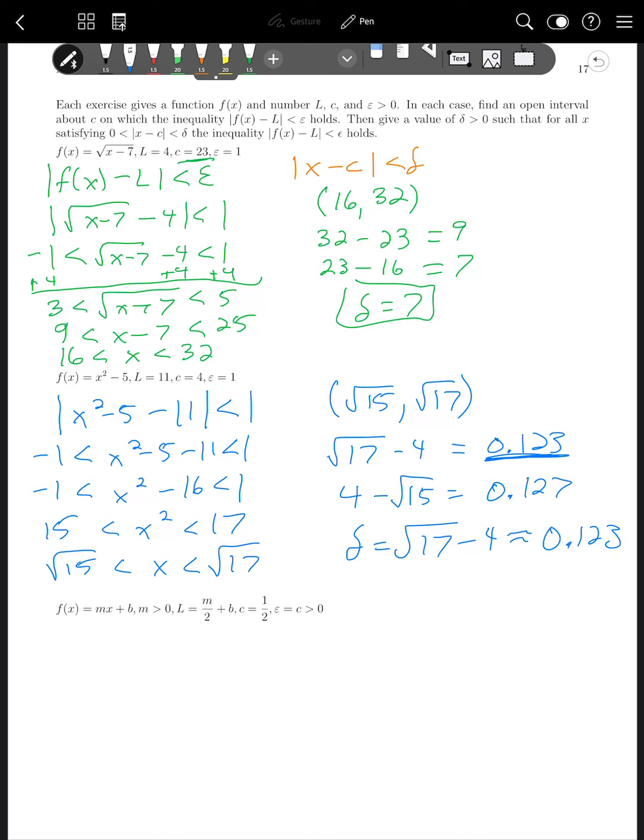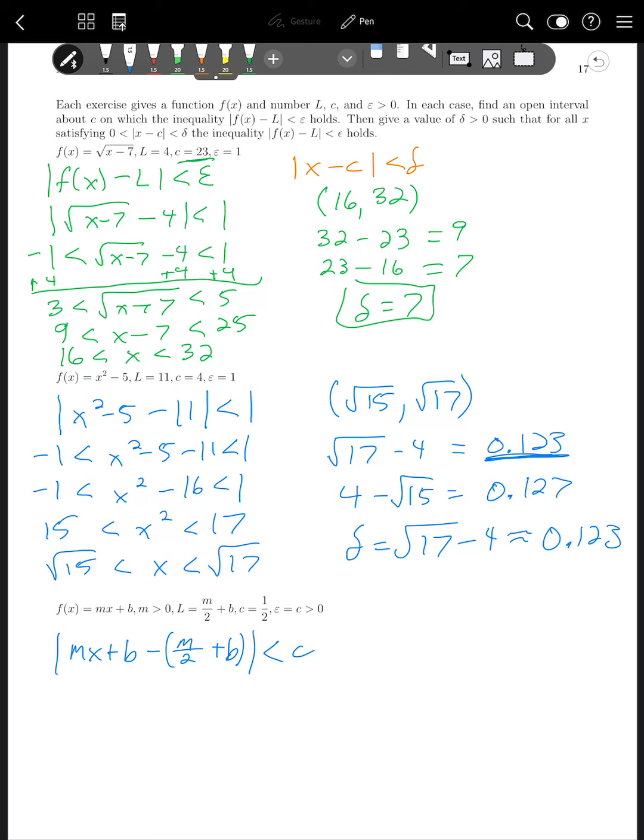And we could even do this kind of thing in a little bit more generalized fashion. So in this case, I've got a lot more variables going on. So I've got my function is a line. And then I've got my limit, and then I've got my c value and my epsilon. So we set it up the same way. The absolute value of f of x, so mx plus b, minus L, so m over 2 plus b, is less than our epsilon, which we're calling c.